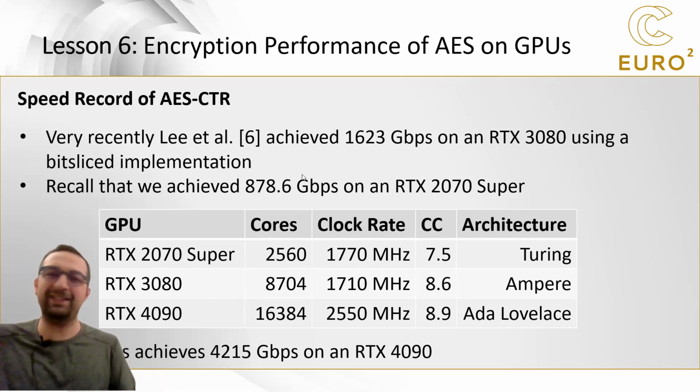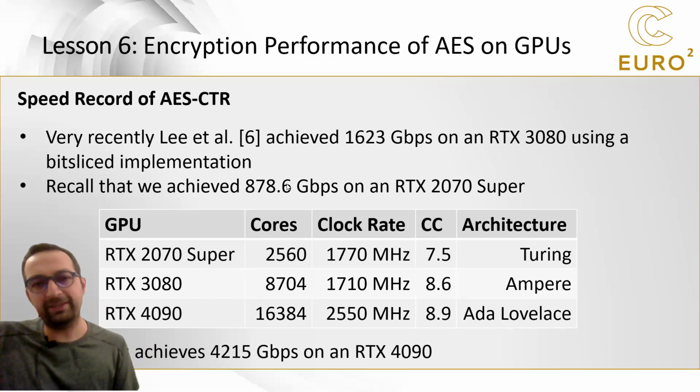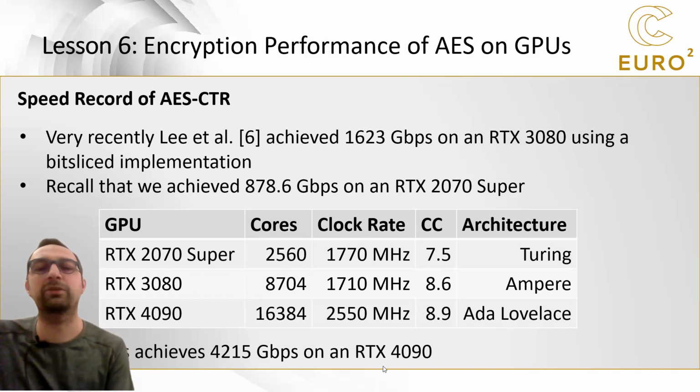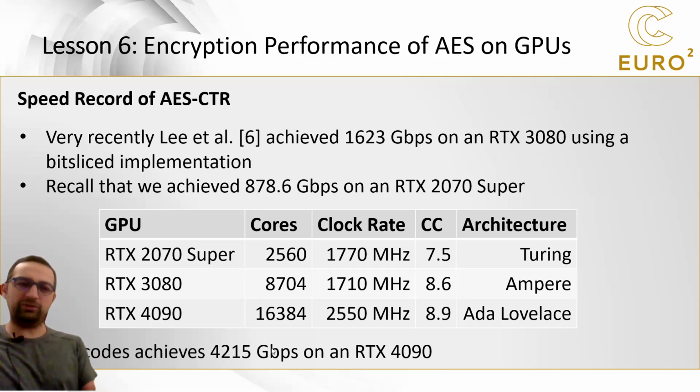So this is again not a fair comparison. And if you are only going to look at the numbers, our table-based implementation that doesn't have any shared memory bank conflicts achieves 4,215 gigabits per second on an RTX 4090. As you can see, this is a huge speed, more than 4 terabits per second.